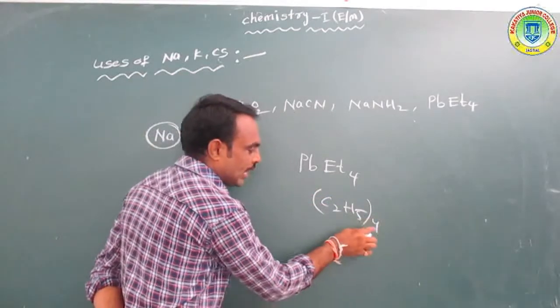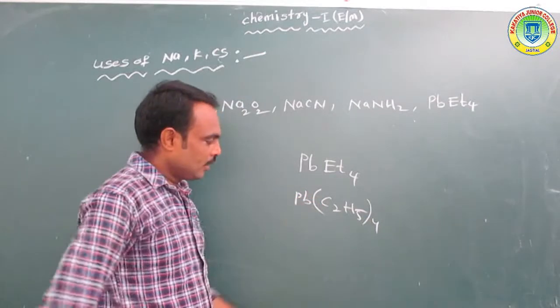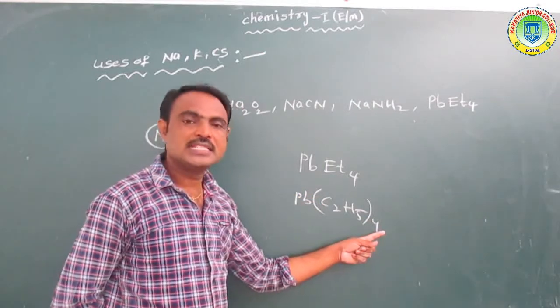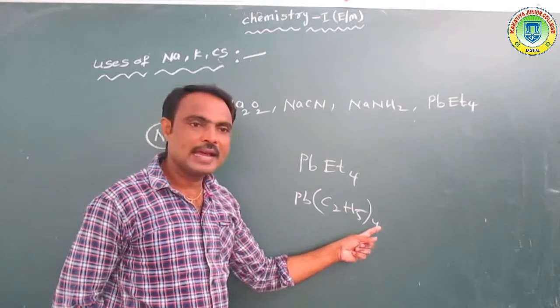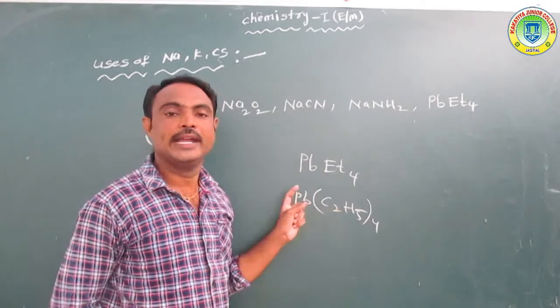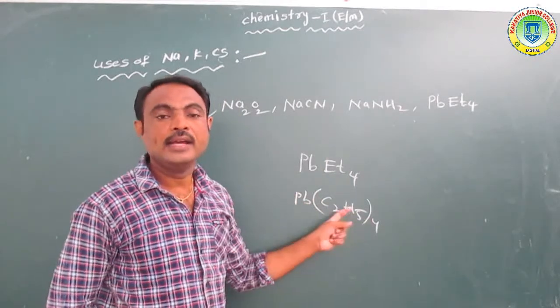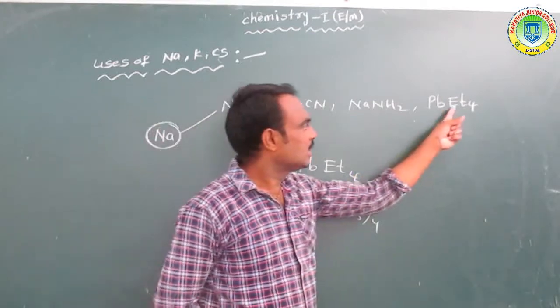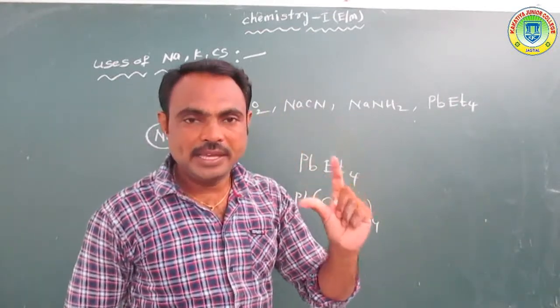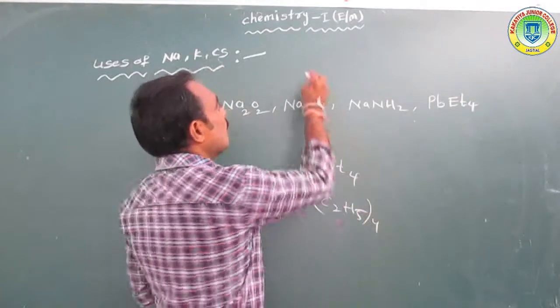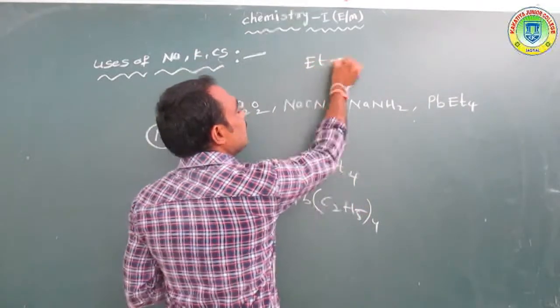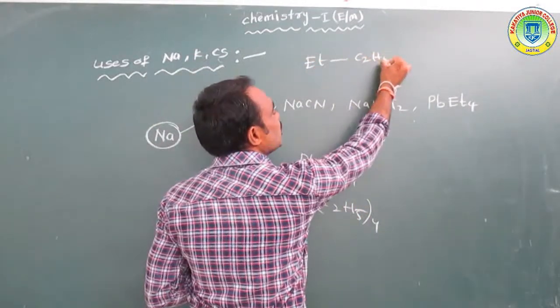So PbEt4, the 4 means tetra. Tetraethyl lead. Simply, Et means ethyl. Et means C2H5.